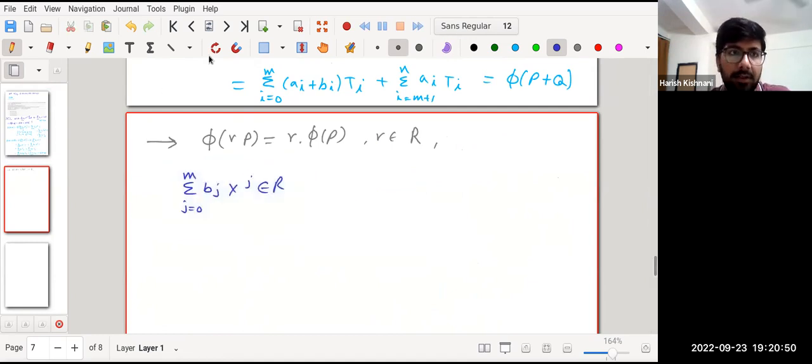So let R be this polynomial and P as above.